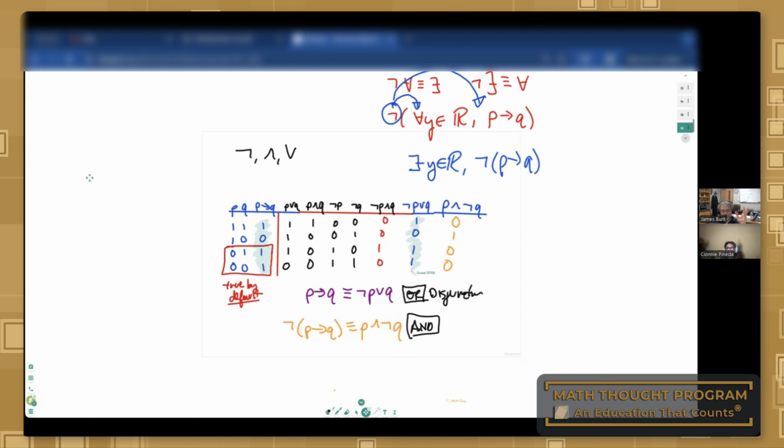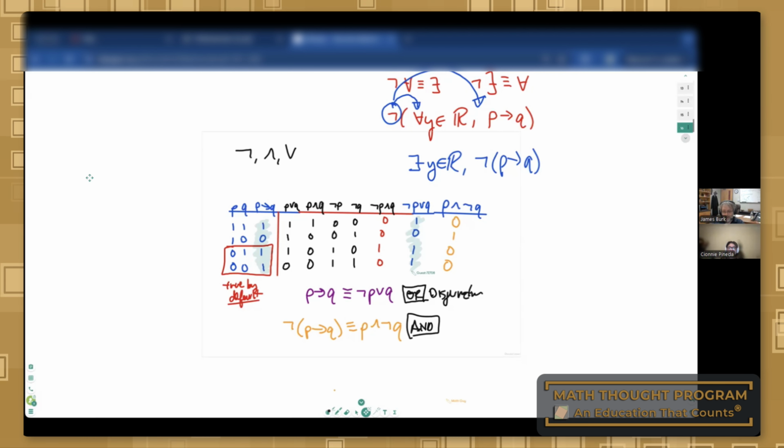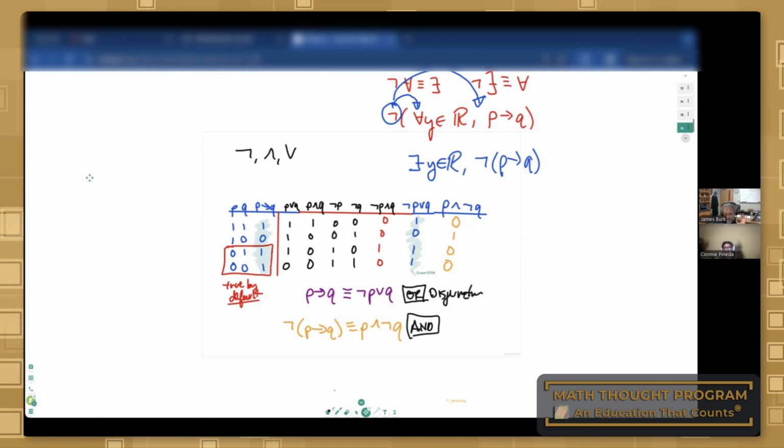It's not that if I have this, because of that, then I will have this. It has nothing to do with that. If it rains outside and the sidewalk's wet, it doesn't mean that the sidewalk's wet because it rained outside. It might be for some other reason. So you've got to remember this important key detail. And this is where people do mess up, because it's so ingrained, the way we speak, to say that the negation of an if-then is another if-then. It's not.